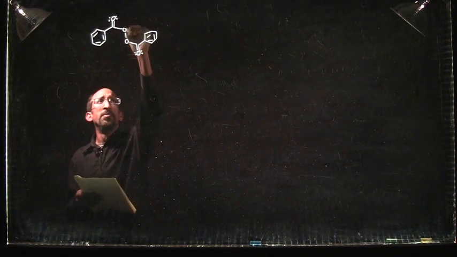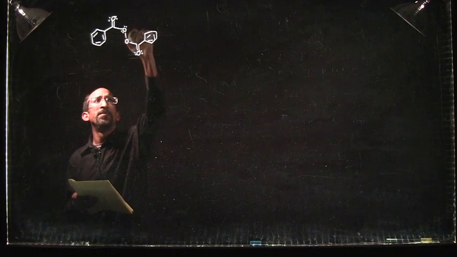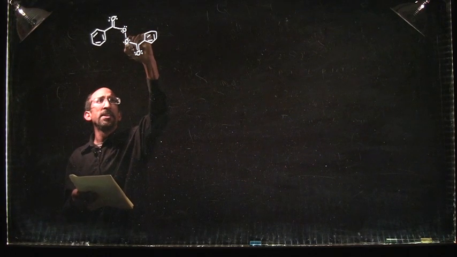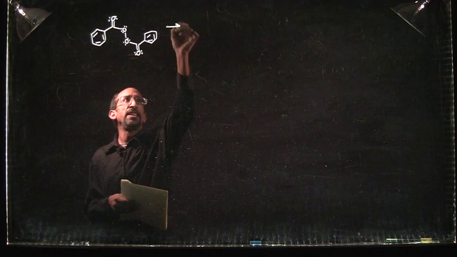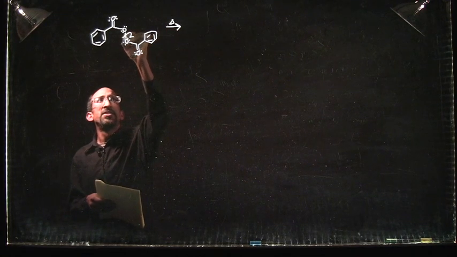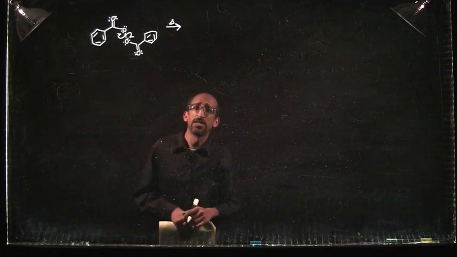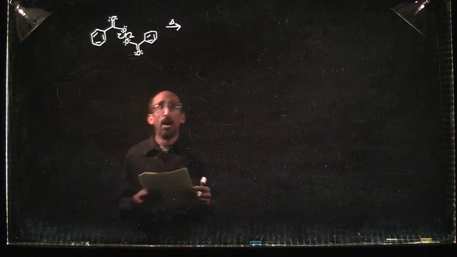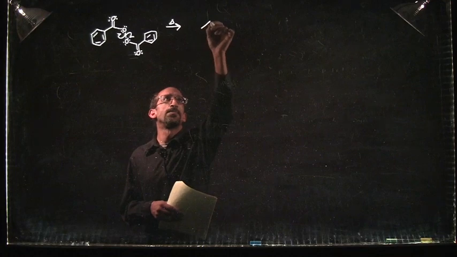What we can do with benzoyl peroxide, though, is, typically speaking, when subjected to heat, the first thing that happens is this oxygen-oxygen bond breaks to create two oxygen-centered radicals.